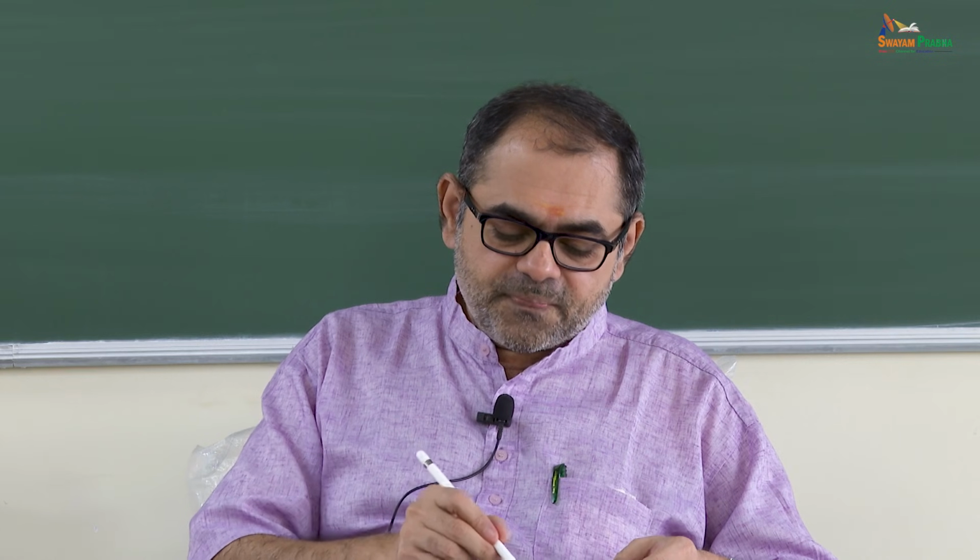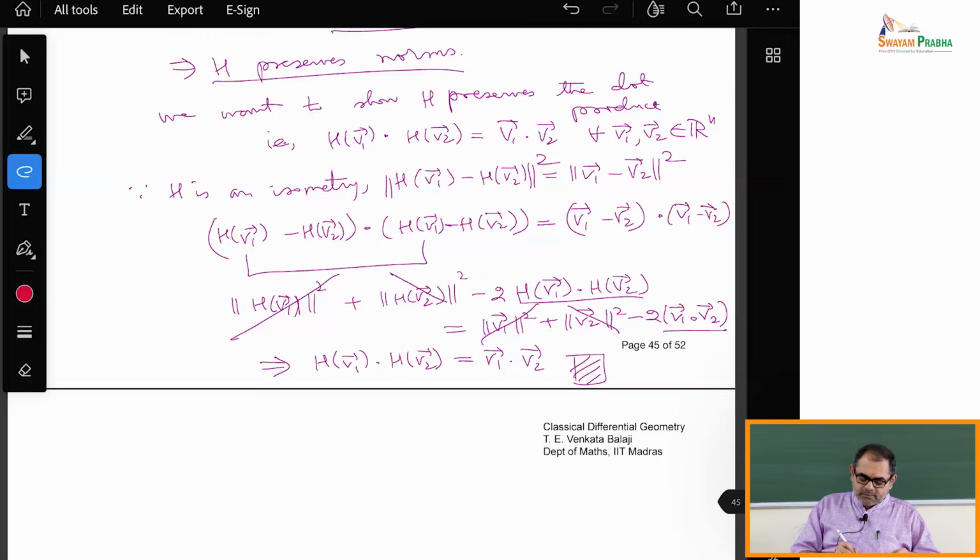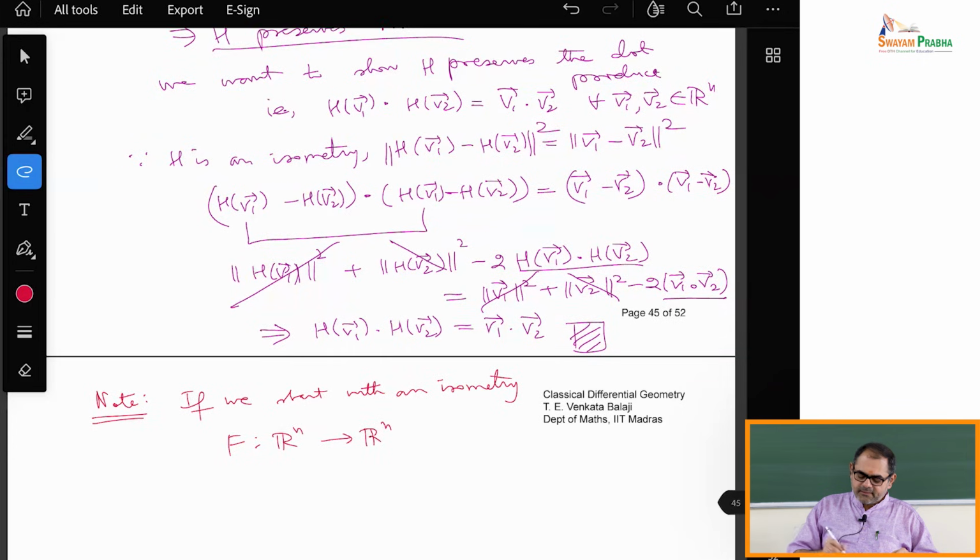Okay. So let me make these statements. Note, if we start with an isometry f from Rn to Rn, then f is injective.